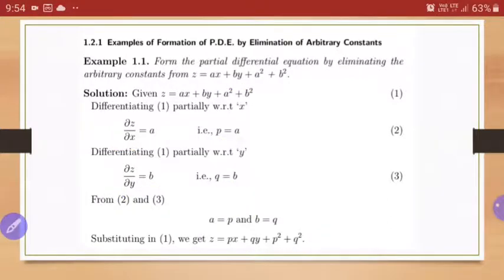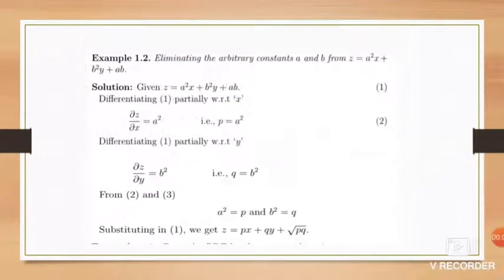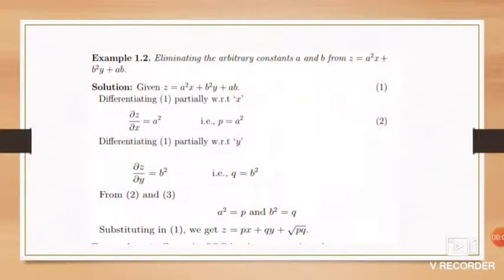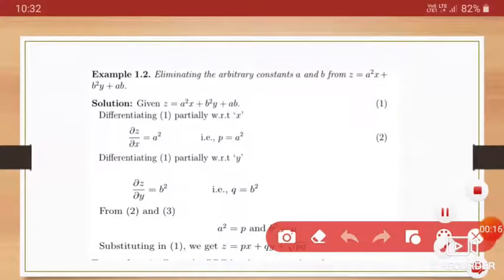Next is the second question: eliminate the arbitrary constants a and b from z is equal to a square x plus b square y plus ab. First differentiate z partially with respect to x and y.